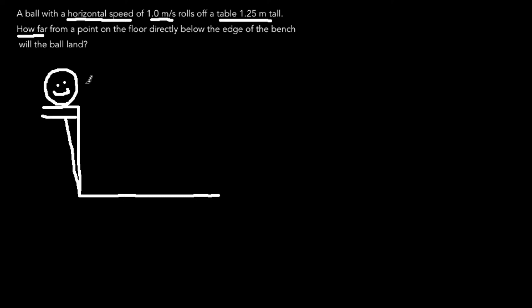And it is going to go rolling off this table at a speed of 1.0 meters per second. Horizontal speed, so we know that this is not some combination of horizontal and vertical. It's not a complex vector, it's just a horizontal vector, okay?